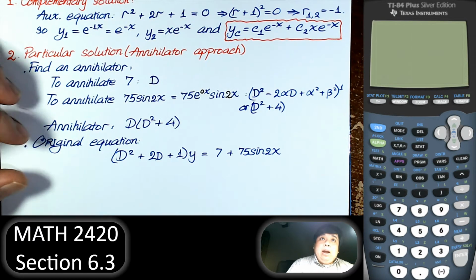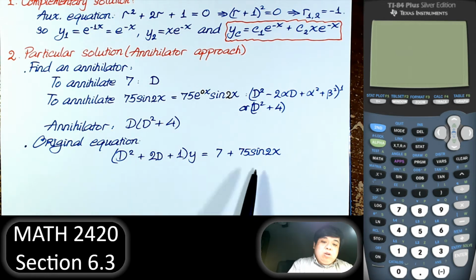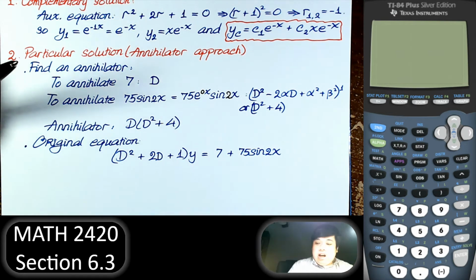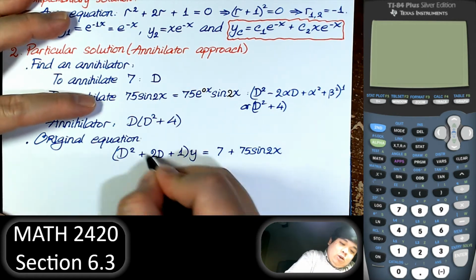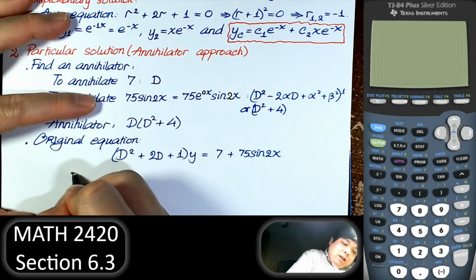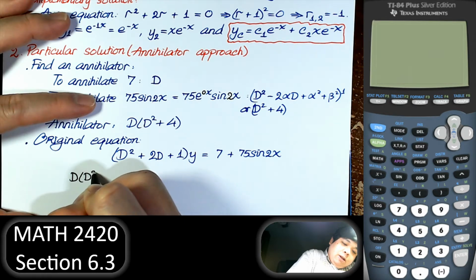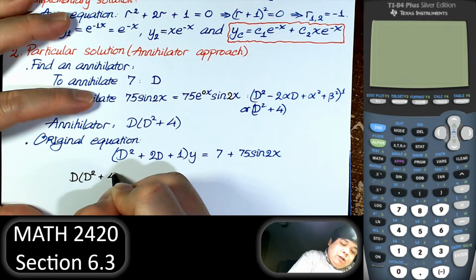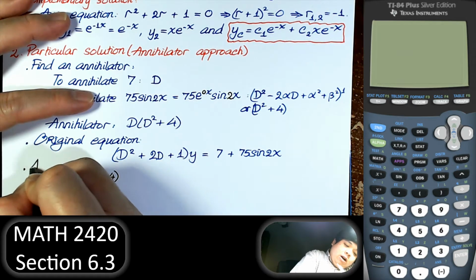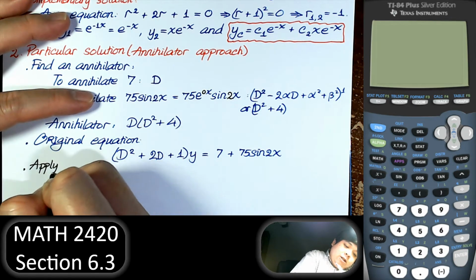Now we apply this on both sides because we want to turn the right-hand side to 0. So we multiply that on both sides. We have D times D squared plus 4. Yeah, with this step we apply the annihilator.